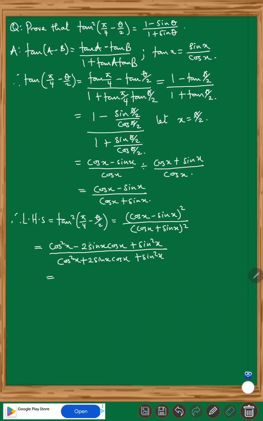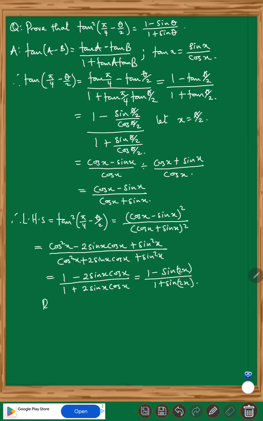And we know that cos²x + sin²x is equal to 1, so it affects both the numerator and the denominator. Also, we know that 2 sin x cos x is sin 2x. So this gives us (1 − sin 2x) over (1 + sin 2x).